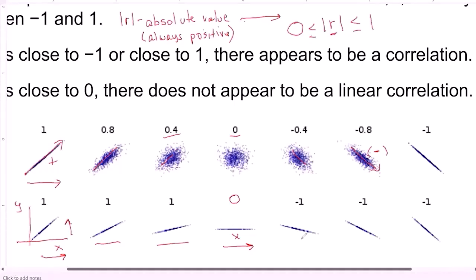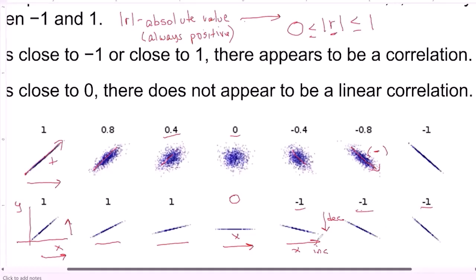And then notice as we go to negative, X here is increasing, the Y value is decreasing. That's what gives us our -1. And it doesn't matter how much of a slope there is. It only matters that it's going down.